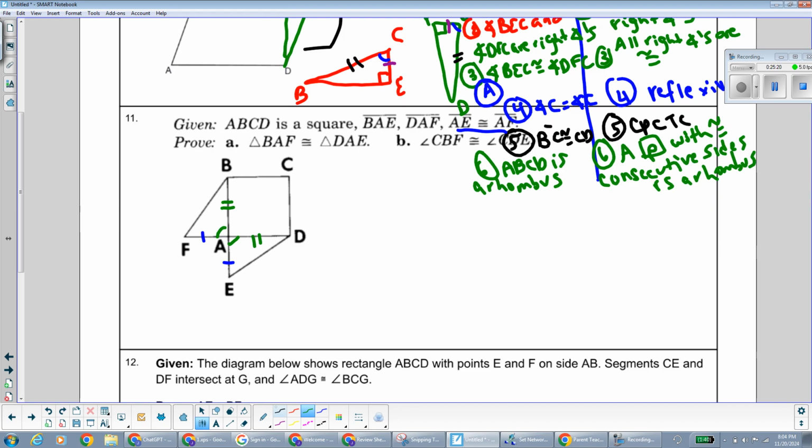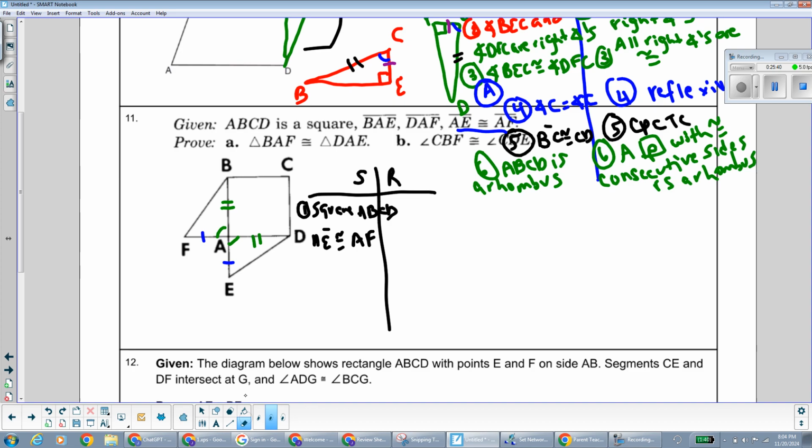Let's write that up first, and then we can move on to part B. We're going to write it in the same statement reason chart. Square ABCD. AE congruent to AF. Make that A better. So that's our side. AE congruent to AF.